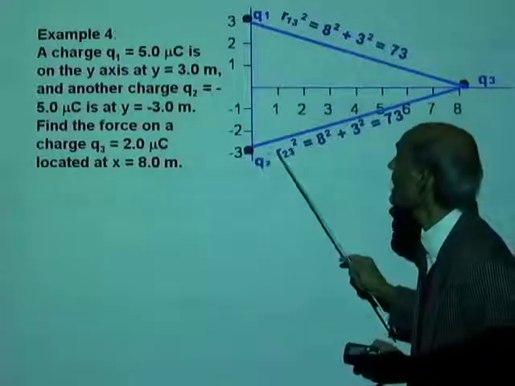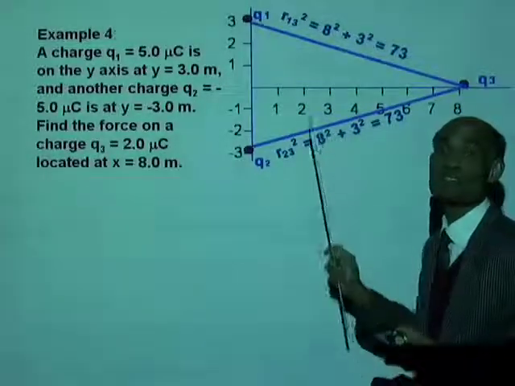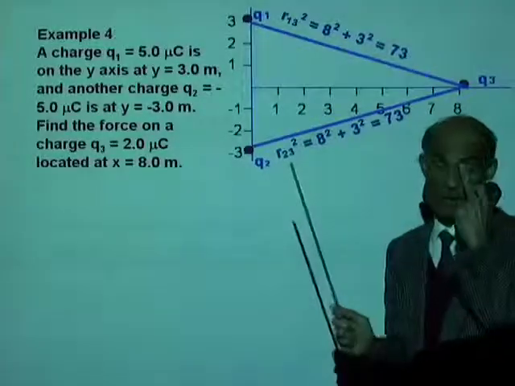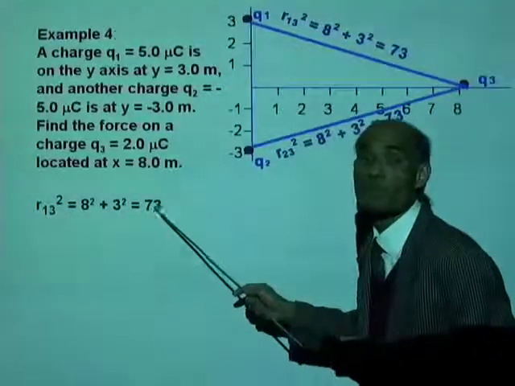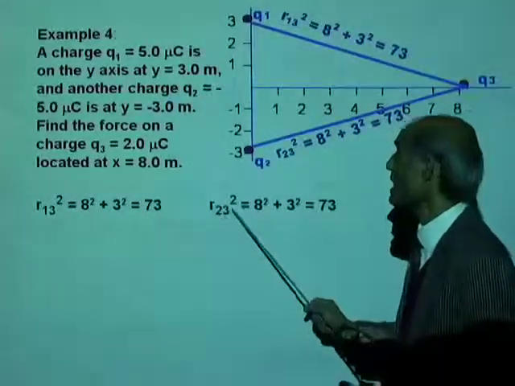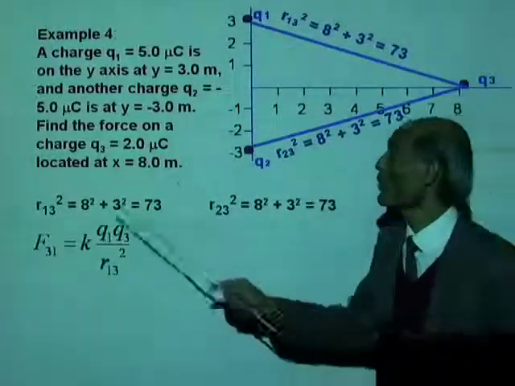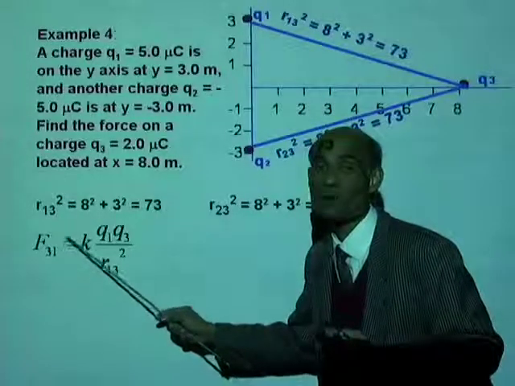Now similarly, R23 squared also is 73, 8 squared plus 3 squared. Okay, what is R13 squared? 73. R23 squared is 73. And therefore, what is F31? What does F31 stand for?